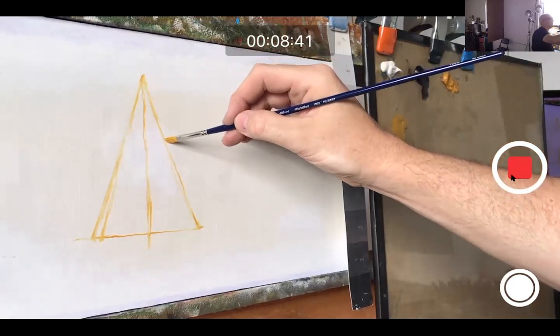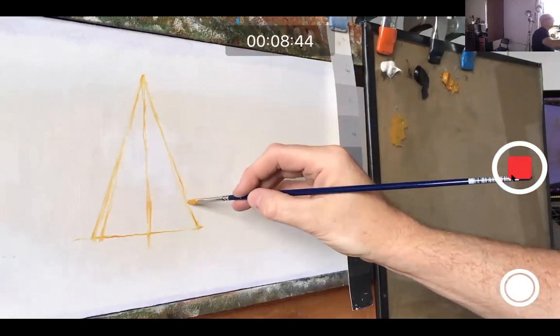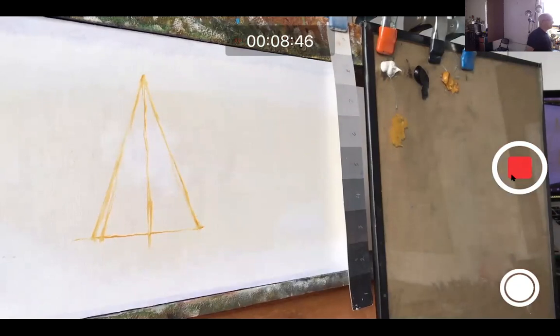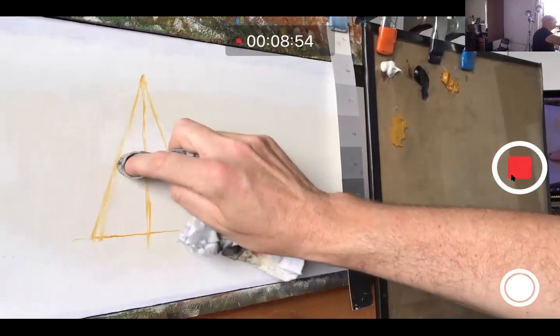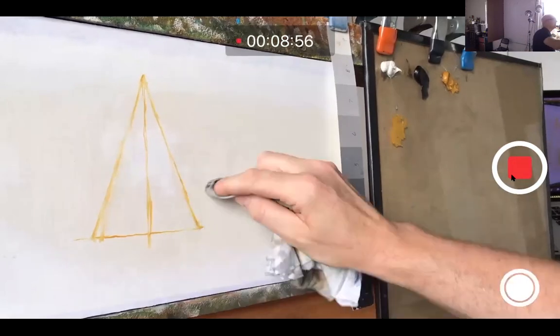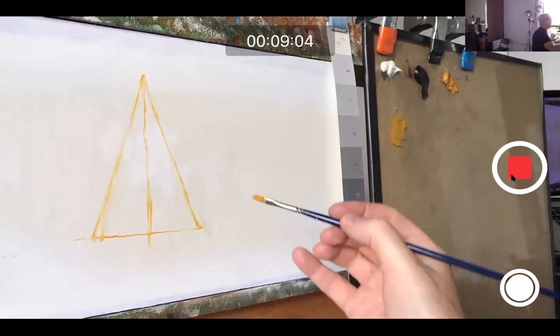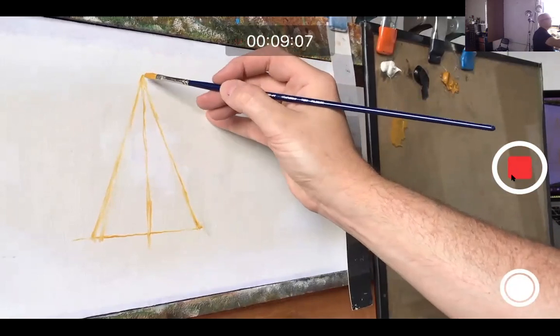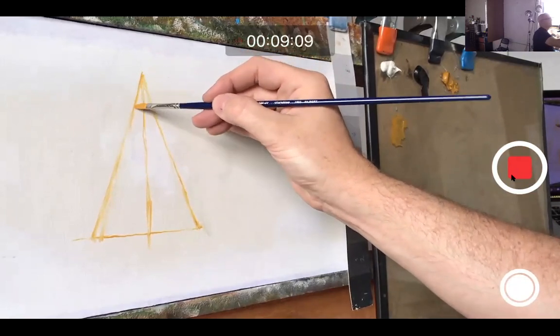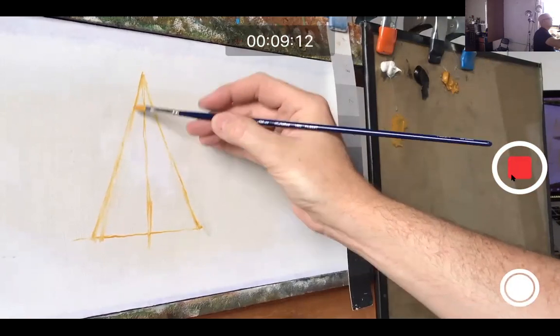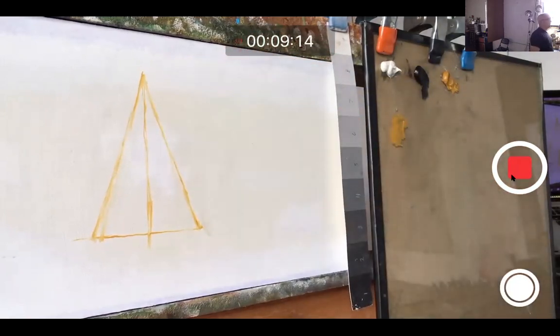And we're trying to train our eyes to see accurately in these drawings. Not because that is necessarily an ultimate goal of every painting, because it's not. It's certainly not true that all paintings are accurate representational images. But I think it's very valuable to train your eye to be able to see that. So I've blocked in a simple contour of the right hand and the left hand side of the cone.